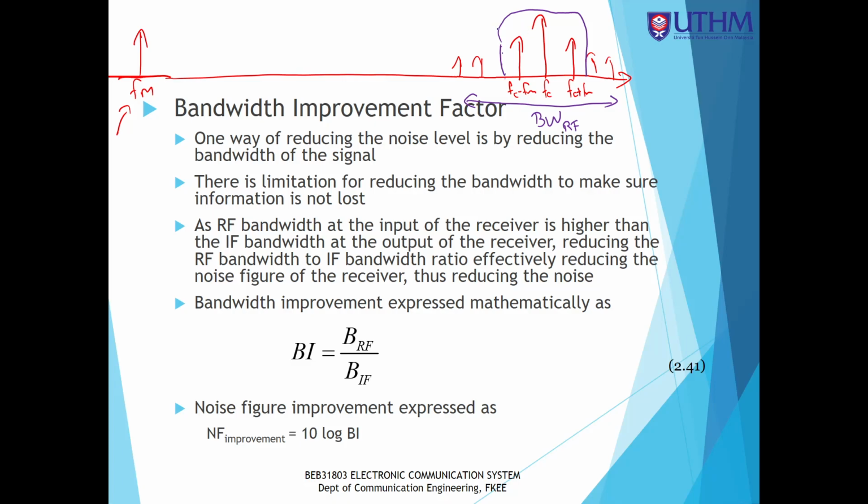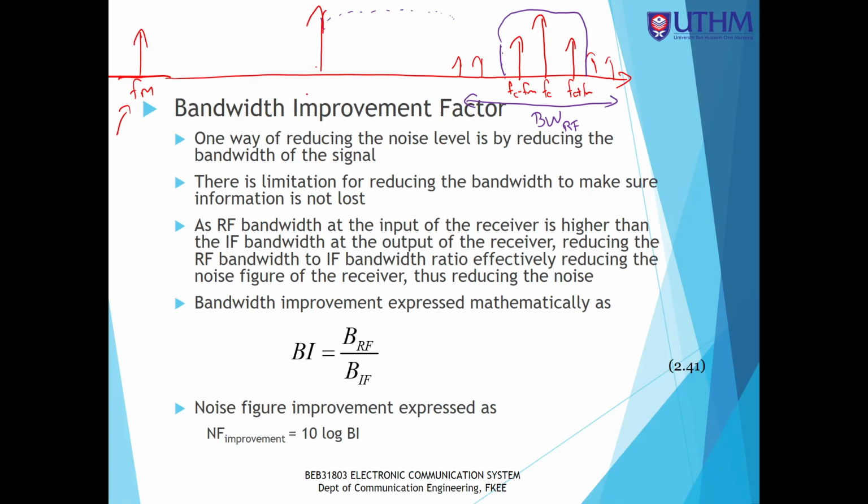When the tune circuit selects this portion of bandwidth, it will pass through the down mixer converter section for down conversion. So what happens is that it will do the down conversion of frequencies, and we're going to produce intermediate frequencies.